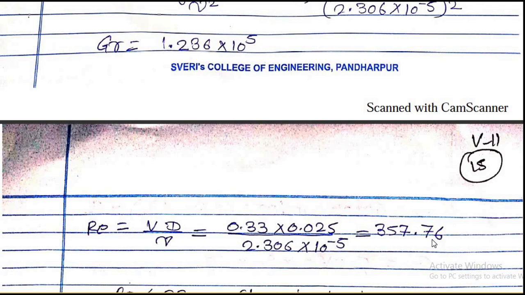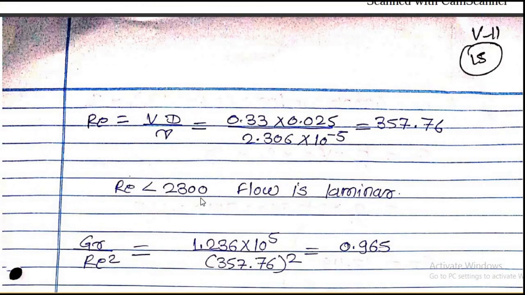Okay, so in case of tubes, if the Reynolds number is less than 2300, then that flow will be considered as laminar flow. If the Reynolds number is greater than 2300, then that flow will be considered as turbulent flow. Now here the Reynolds number value is less than 2300, so we have to consider that the flow type is laminar flow.